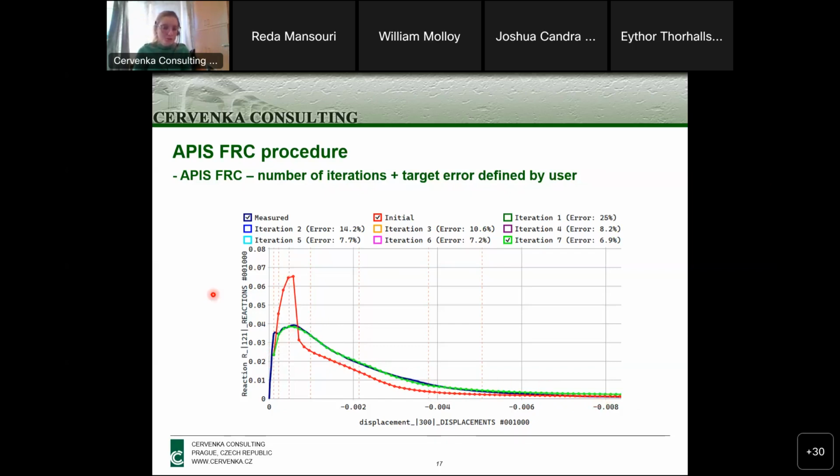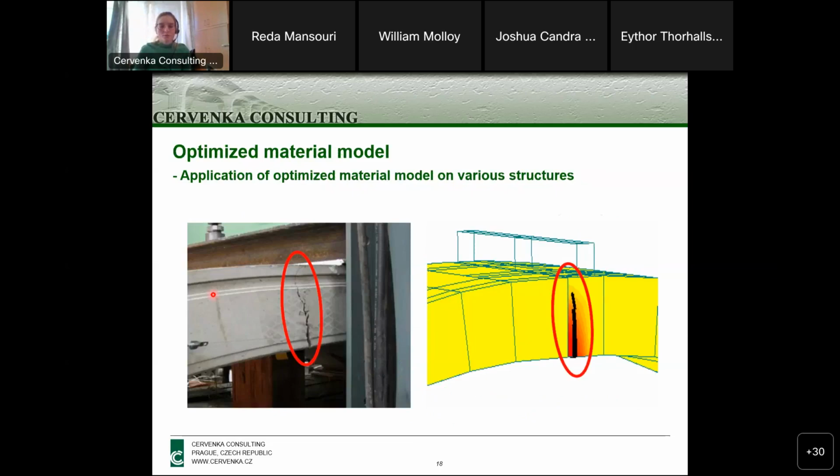When you reach the point where you are satisfied with your material parameters, with the optimization, then you can apply it on different, more complicated structures, because this optimization works so far for those 3 and 4-point bending tests.